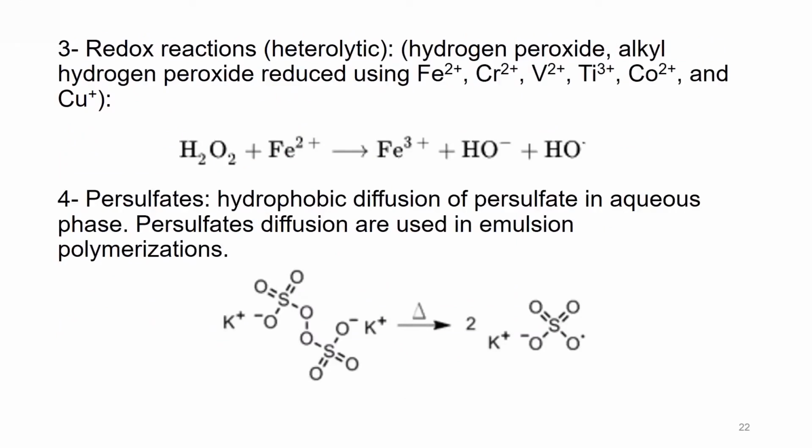Now, the third method for the formation of radicals is redox initiators, and we can see that a homolytic fission will happen for my initiator, and I will have one of them carrying a negative charge and the other one will lose one of the electrons and carry a radical.